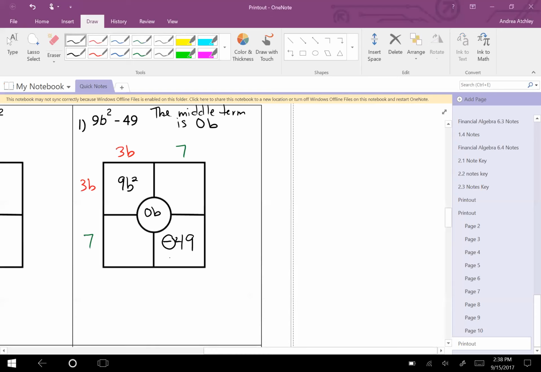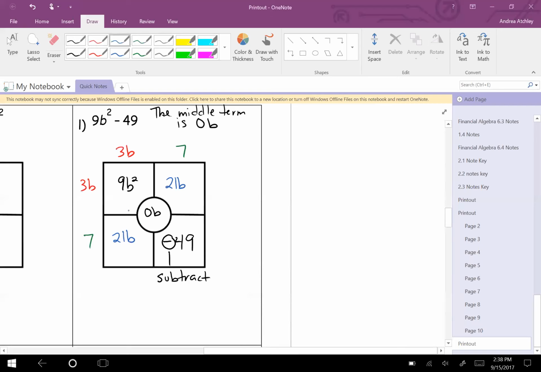This tells me that I'm subtracting my middle terms. So I'll get 21b again, and 3 times 7, which is 21b again. If I subtract the 21 and the 21, will I get 0?